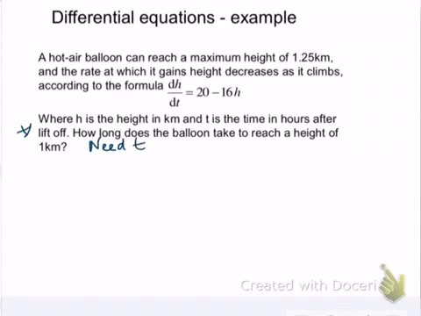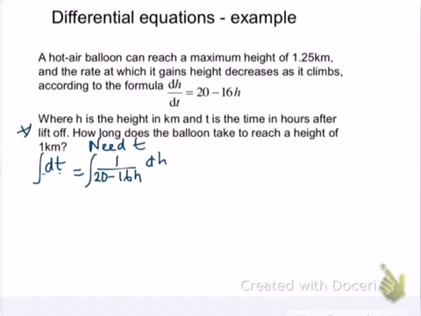Right, so using this information, I know that dh by dt equals 20 minus 16h. So therefore, if we need t, I can write that dt by dh is equal to 1 over (20 minus 16h). And if I integrate both sides, I can get a function for t.